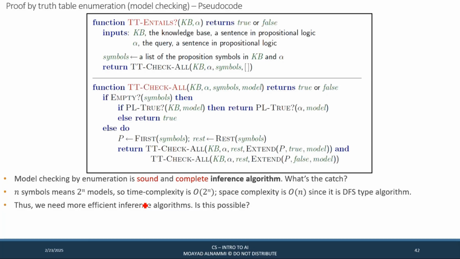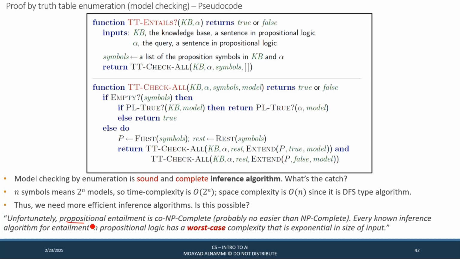Is this possible? Well, unfortunately, no. Propositional entailment, meaning if you want to answer this question in the general case using propositional logic, is co-NP complete. No need to go into the detail of what co-NP complete is, but simply it is probably no easier than NP complete. So it's a hard problem to solve. Every known inference algorithm for entailment in propositional logic has a worst case complexity that is exponential in the size of the input.